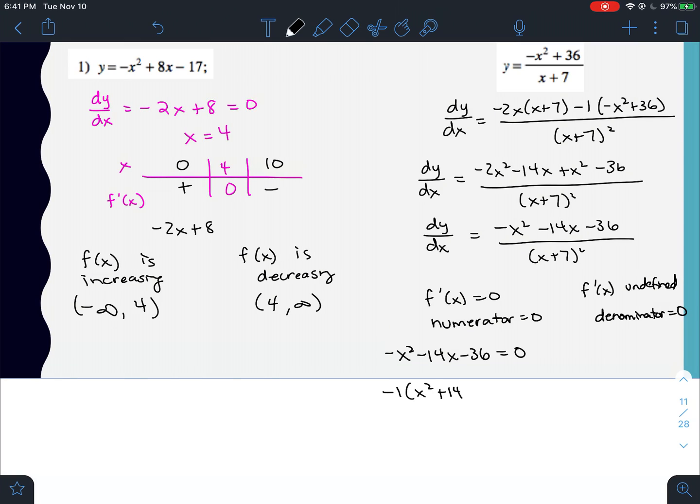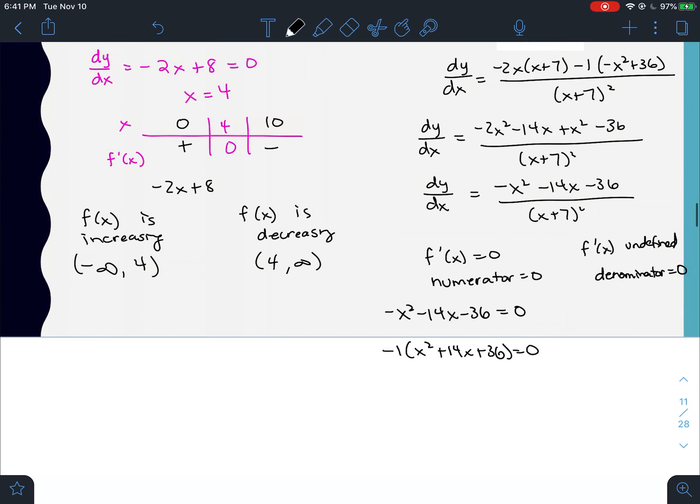So we want to know when negative x squared minus 14x minus 36 is equal to 0. Well, I can factor out a negative 1, and I would get x squared plus 14x plus 36 equals 0. So can we multiply to 36 and add to 14? 9 and 4, nope. So this would have to be the quadratic formula if it has any answers.